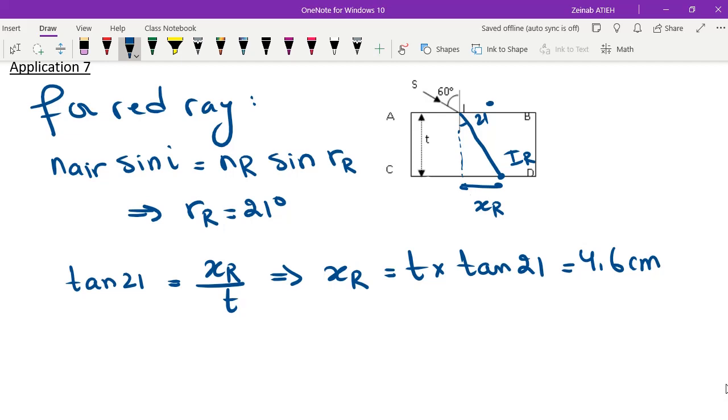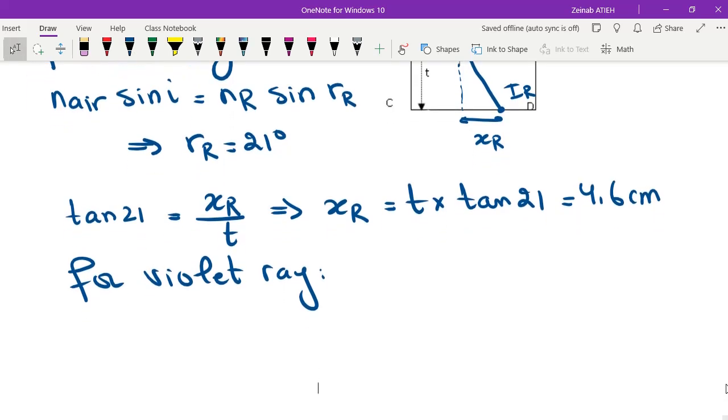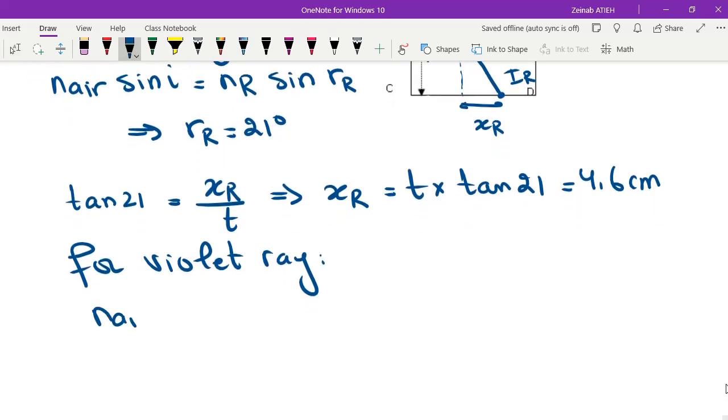I do the same thing for the violet light. The only difference between the red and the violet is that the index changes. So for the violet ray, the same thing: in air, sine i, the same angle of incidence, equals n_V sine r_V. r_V is the angle of refraction for the violet color.